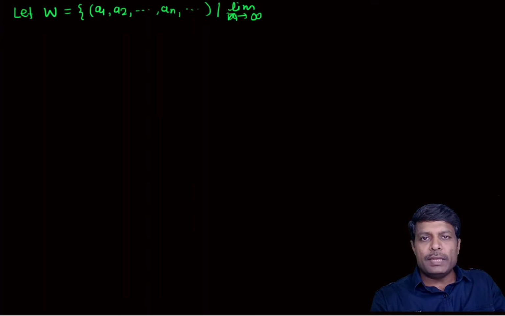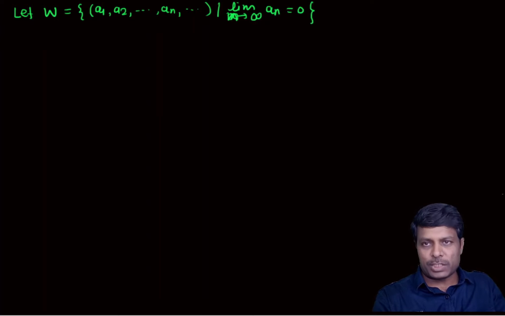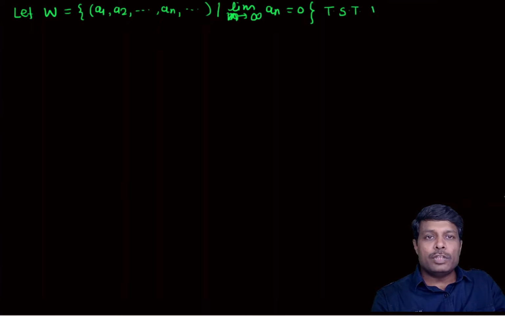So here the limit as n tends to infinity of the nth term of the sequence must be 0. This is our collection.